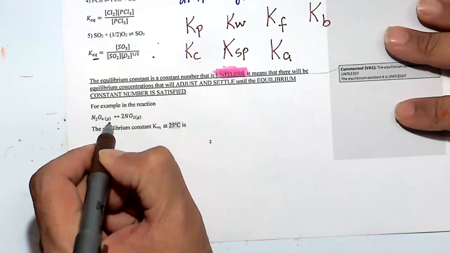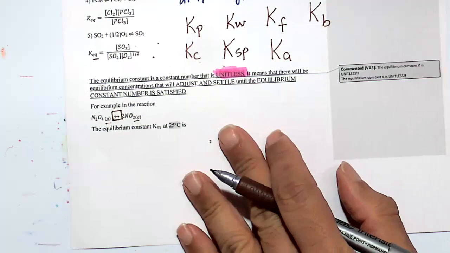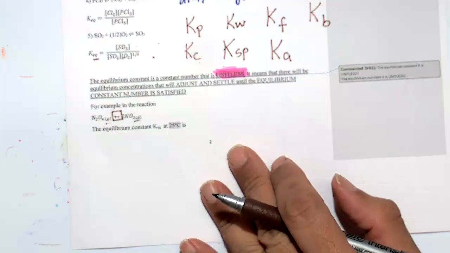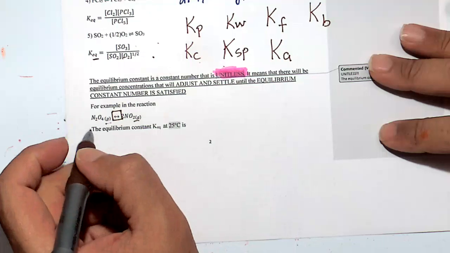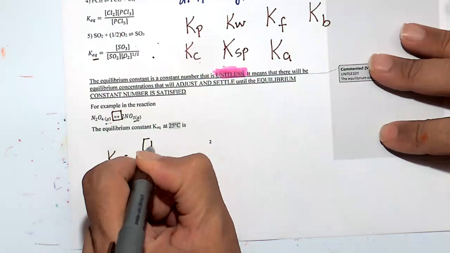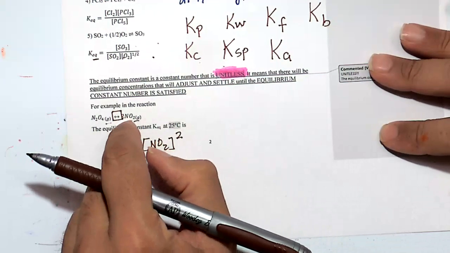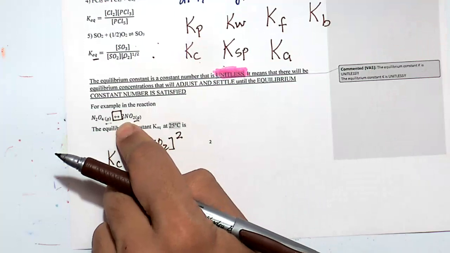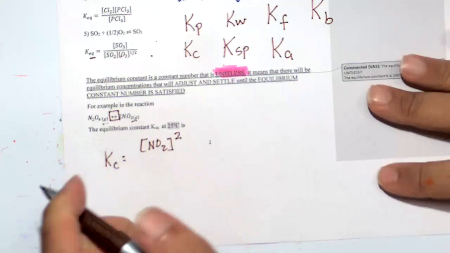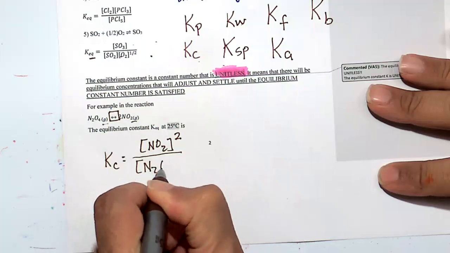So here we've got two gases. Look at our arrows. Always look at your arrows. And we can do this as a Kc. The C stands for concentration. Concentration of NO2 squared, divided by concentration of N2O4.